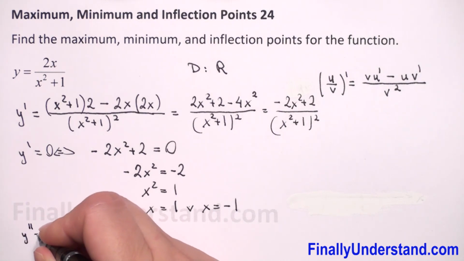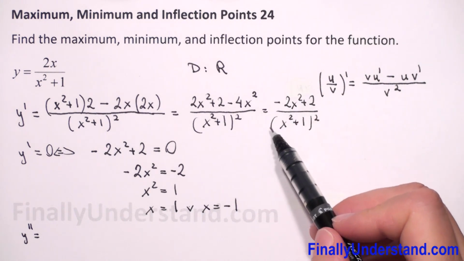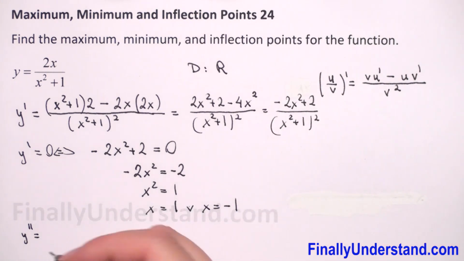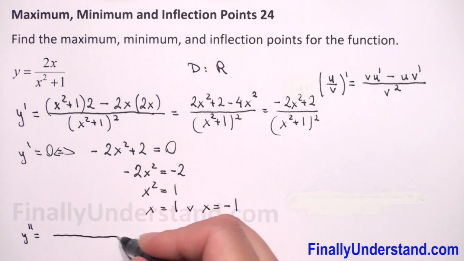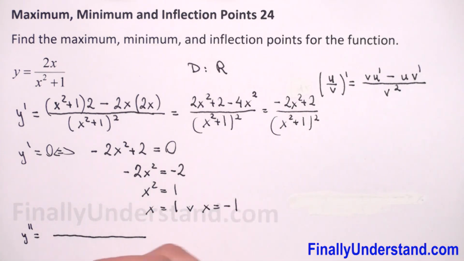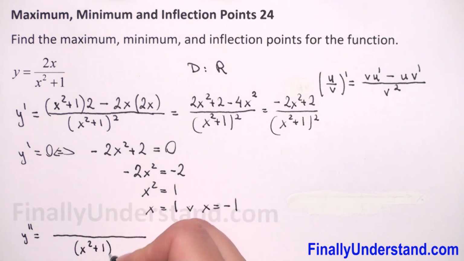y double prime is equal to the derivative of our first derivative. So again we will use this formula. The denominator is x squared plus 1 to the second power, squared again, so it will be to the 4th power.